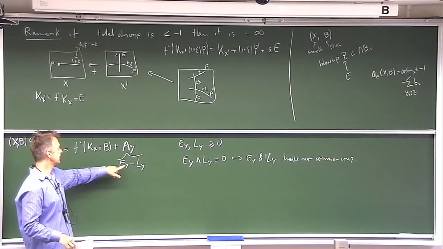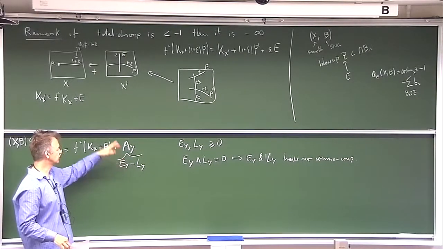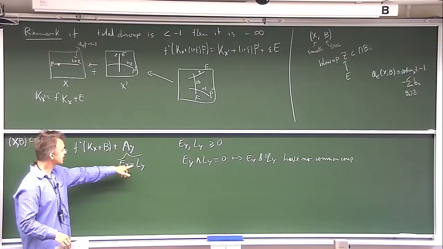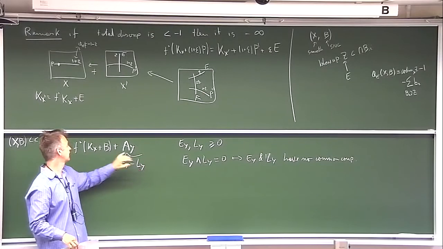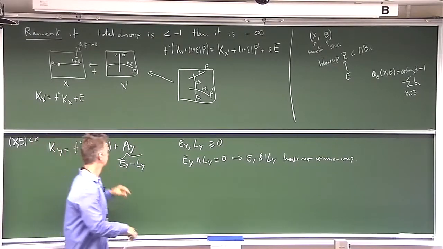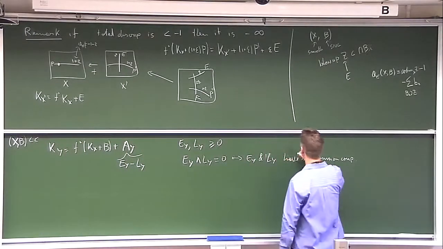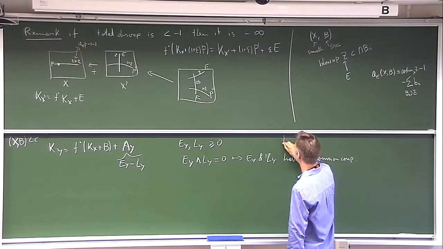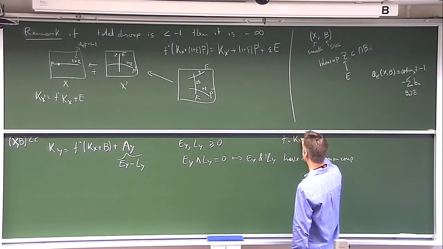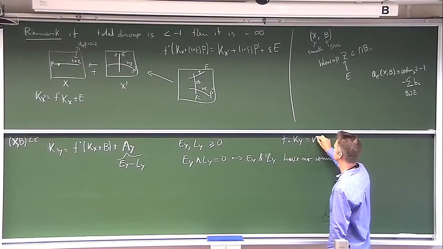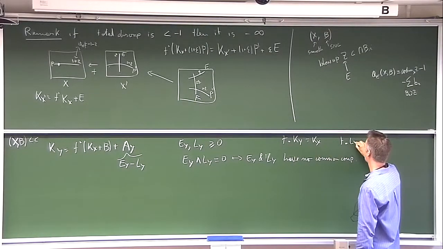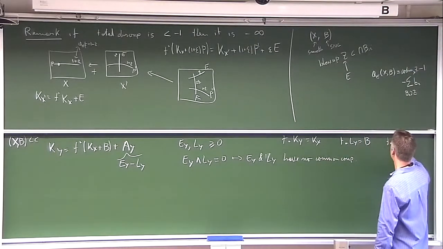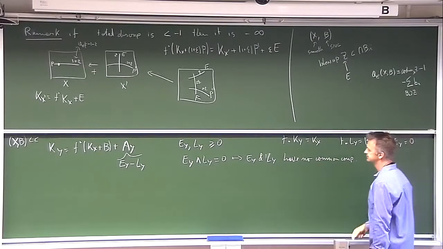And actually, it's pretty easy to see that the stuff with positive coefficient is always exceptional. And the stuff with negative coefficient may not be exceptional, precisely because the push forward of Ly will be equal to B. So we set up things so that we pick this canonical divisor such that the push forward is equal to Kx. And then the push forward of my Ly will be equal to B, and the push forward of Ey will be equal to 0.